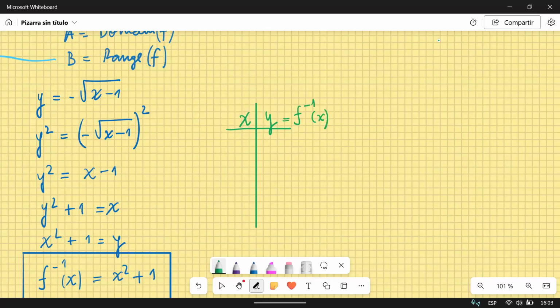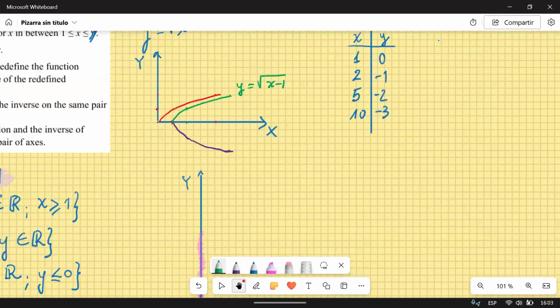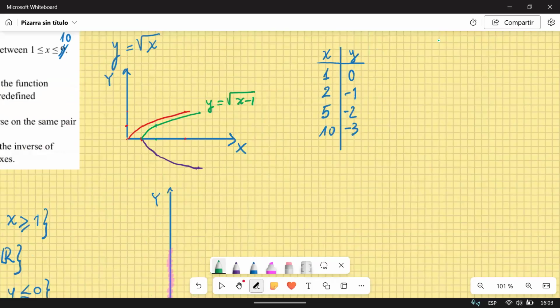And from where will I pick values to construct the graph of the inverse? Well, from the table that I used for the original function. In the original, when x was 1, y was 0. When x was 2, y was negative 1. And in this way, I will construct the graph of the inverse, but I will use the y value.